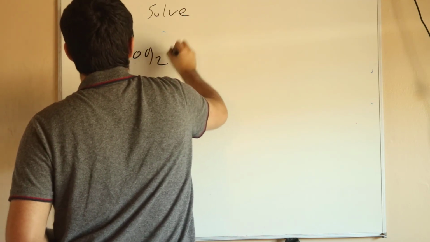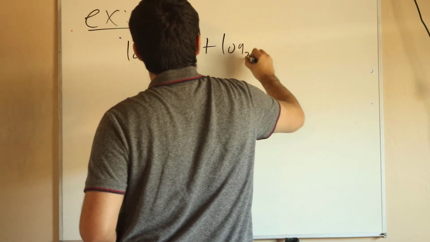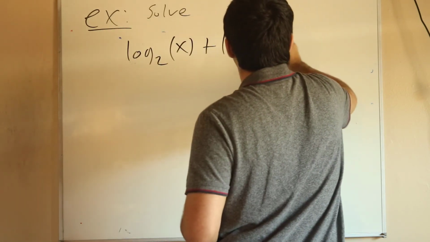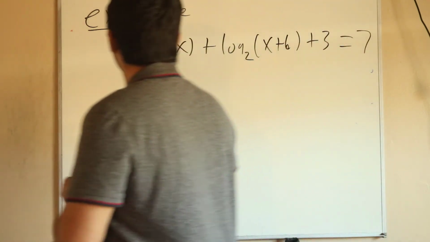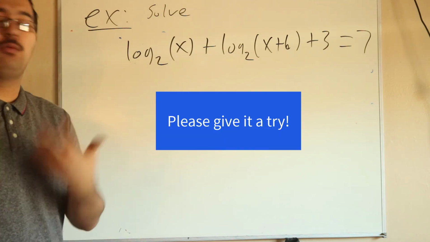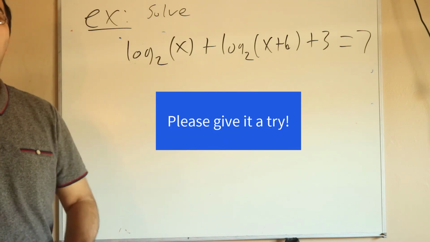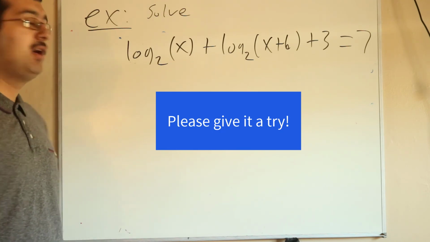Log base 2 of x plus log base 2 of x plus 6 plus 3 equals 7. Alright, here's your equation. Go ahead and try solving it now. Pause the video and solve it. After you unpause, I'll write my answer and we'll see if we match up. So go ahead, pause now.